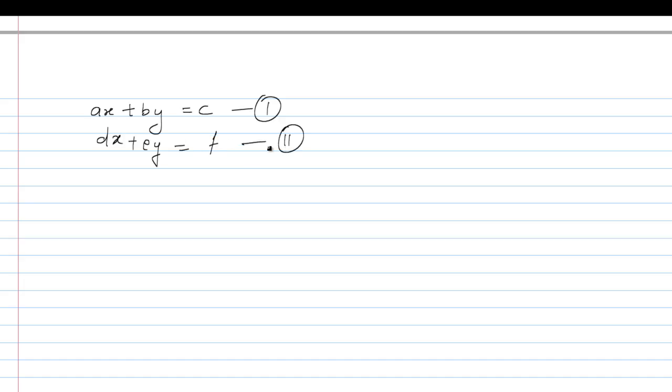This is my second equation. So if I know these are my constant values and these are my variables, how can I solve for these variables? I know how to solve these equations algebraically.